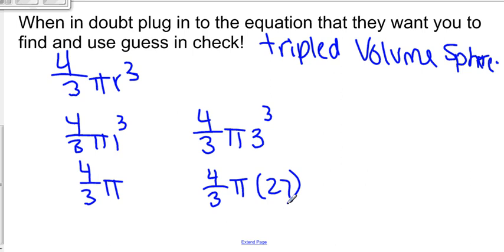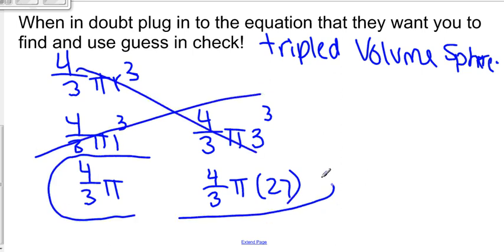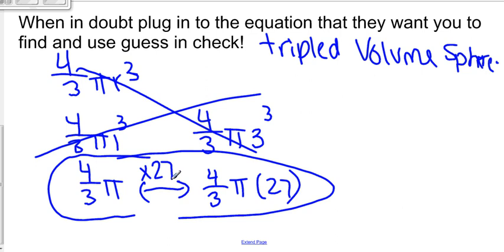Now, looking at our answers, we have multiplied our original answer by 27. That's the only thing we've multiplied extra. That's the answer they're looking for in a question like that. Always plug and chug. It's the best way to go.